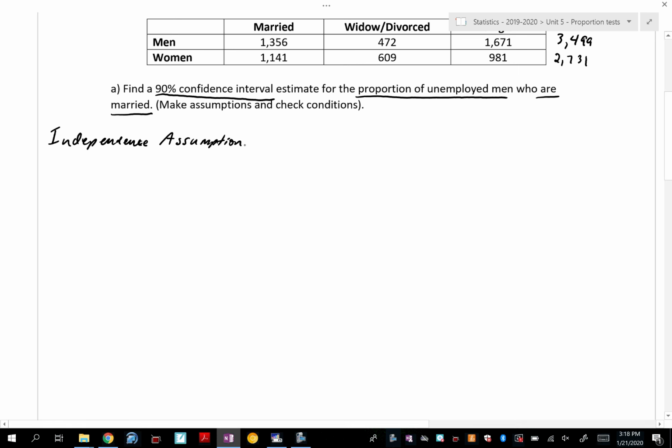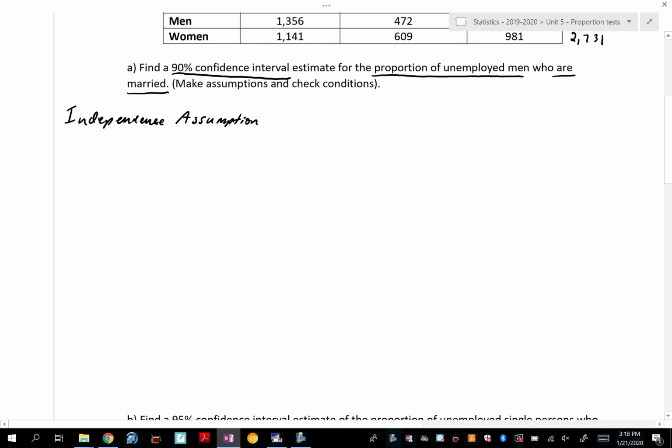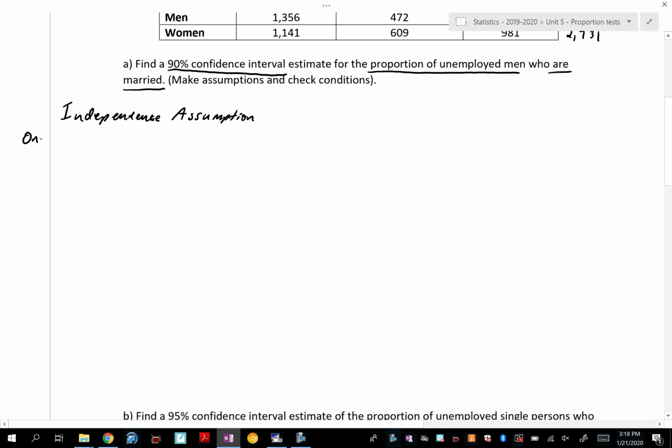Okay, Leslie. One man's marital status will not affect another. Excellent. Another's, that's cool. I'm not like English, it's all good. One man's marital status does not affect other men and their status.